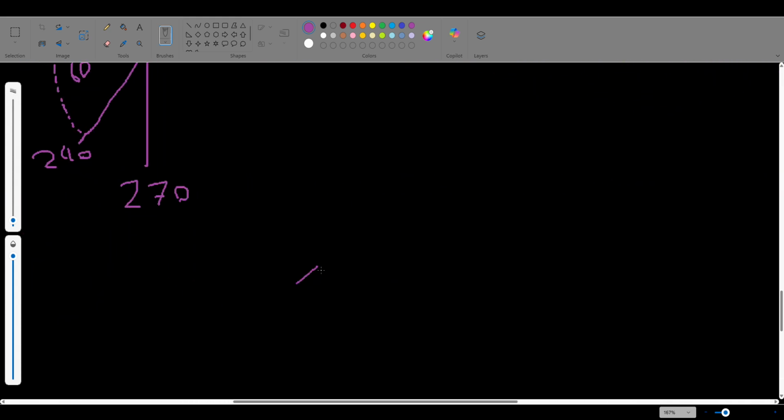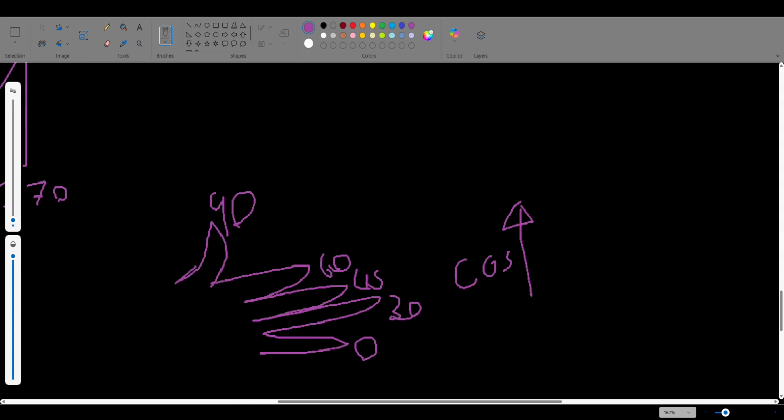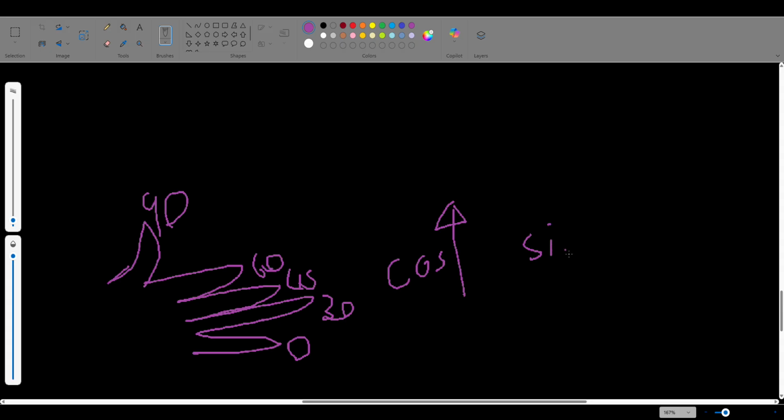So remember the finger method. You have your thumb, your pointing finger, your middle finger, your ring finger, and pinky: 0, 30, 45, 60, 90. Okay? Cosine is up and sine is down. What did we say our distance was from the x-axis? 60 degrees.